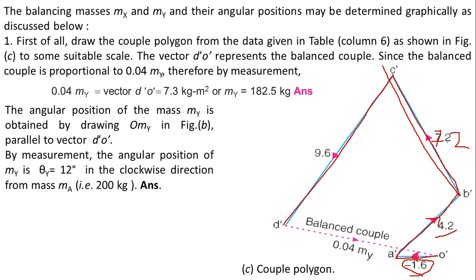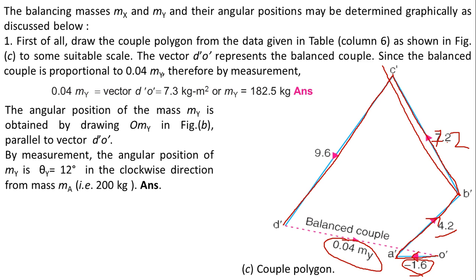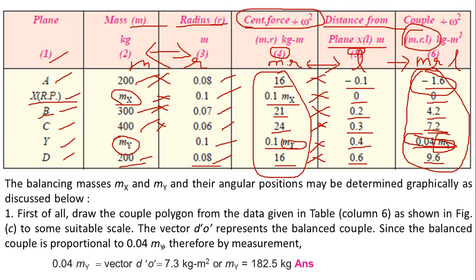Okay. Now once you get this D dash, whatever is the remaining, that is O dash to D dash, the remaining value, will be nothing but the balanced couple value, that is 0.04 into my. So this will be equal to this length, that is O dash to D dash, right? So this will be solving. D dash to O dash will be the balanced couple, equal to 0.04 my.